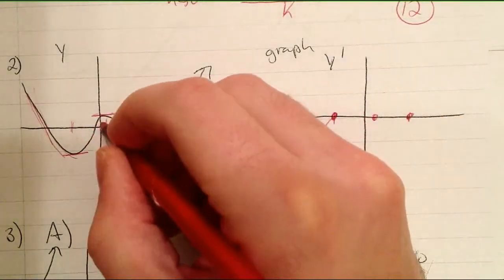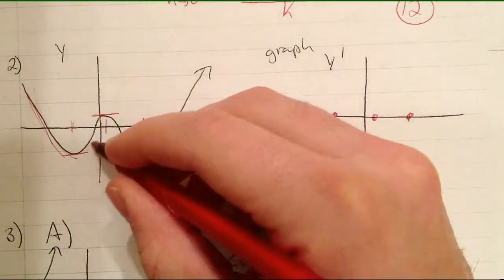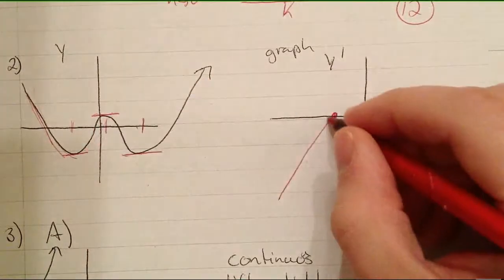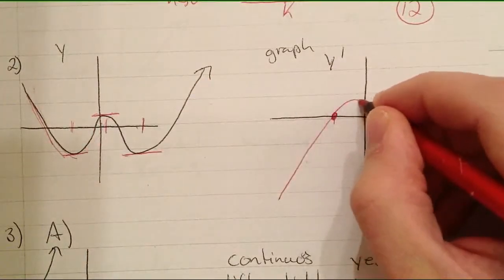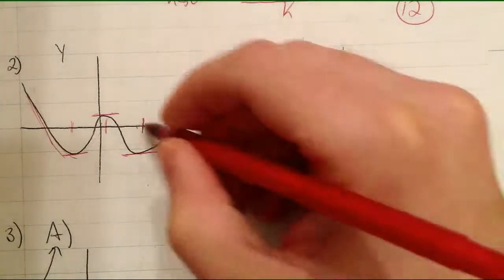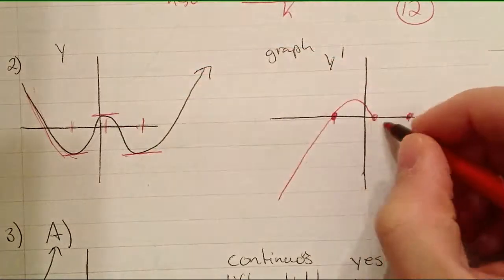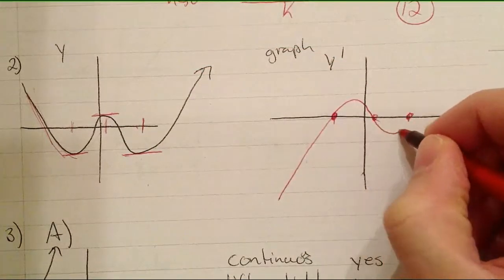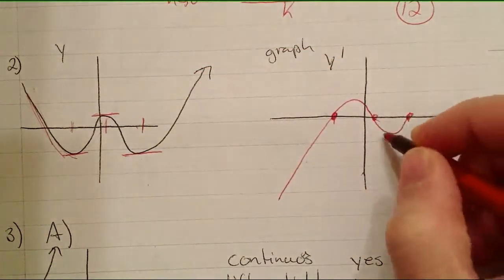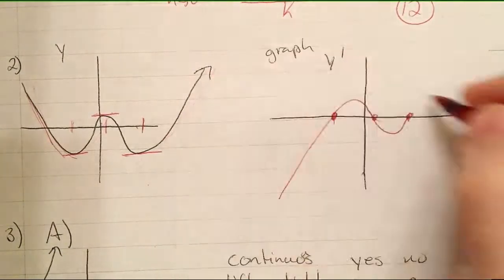From here to here, my slope is positive, but it goes from 0 to closer to 0. You have to come back and hit that 0, right? My slope from this point to this point is negative, and it gets closer to 0. So again, you swoop, and you come back to it. And last but not least, this entire thing is positive, right?